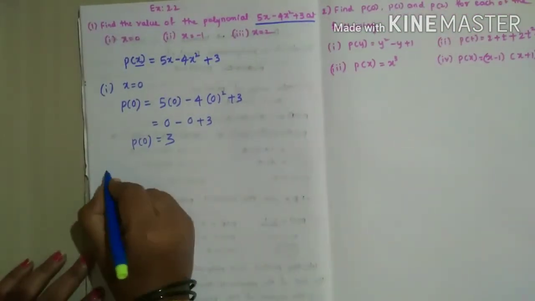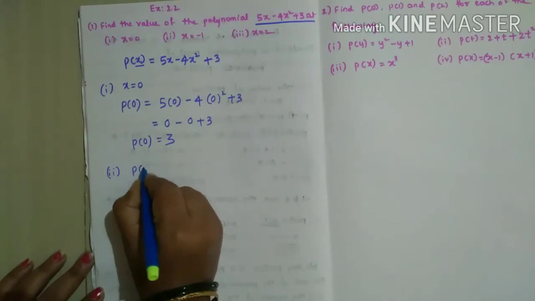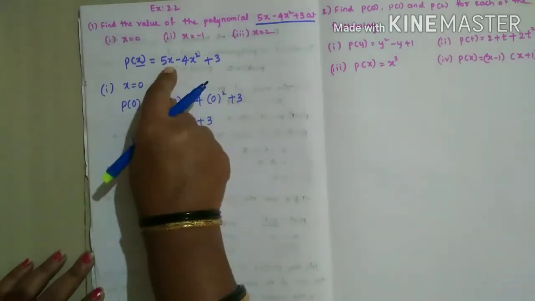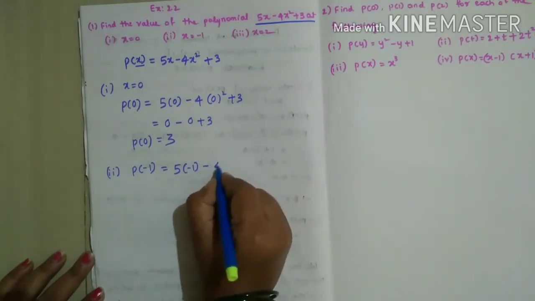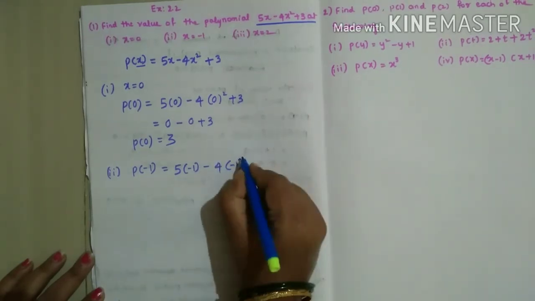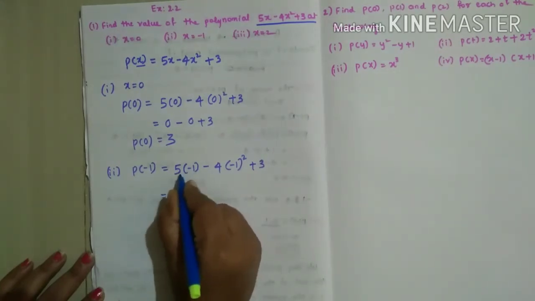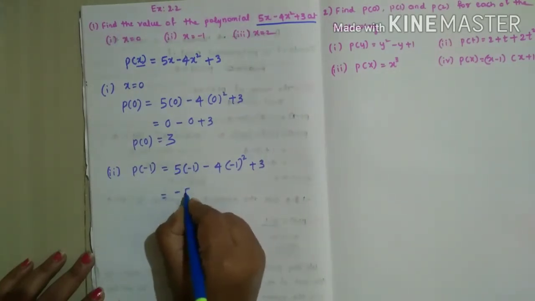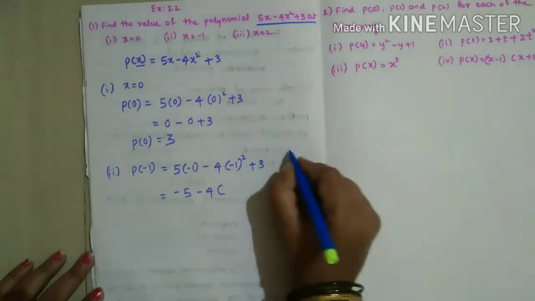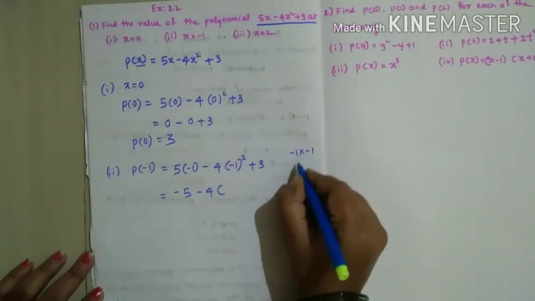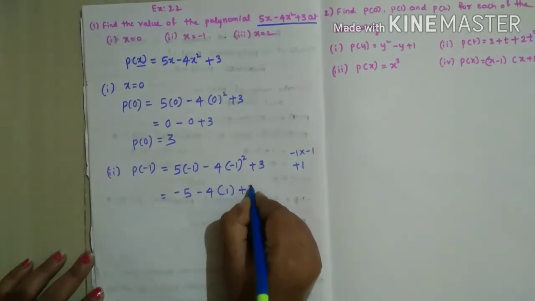Now the second one we'll see. In the second one, what do we have to replace in place of x? Minus 1. p of minus 1 is equal to 5 into minus 1 minus 4 into minus 1 whole square plus 3. Now 5 into minus 1, plus into minus is minus 5, here minus 4; here minus 1 square is minus 1 into minus 1, minus into minus will become plus 1, so it will become 1, 1 ones are 1, so 3.